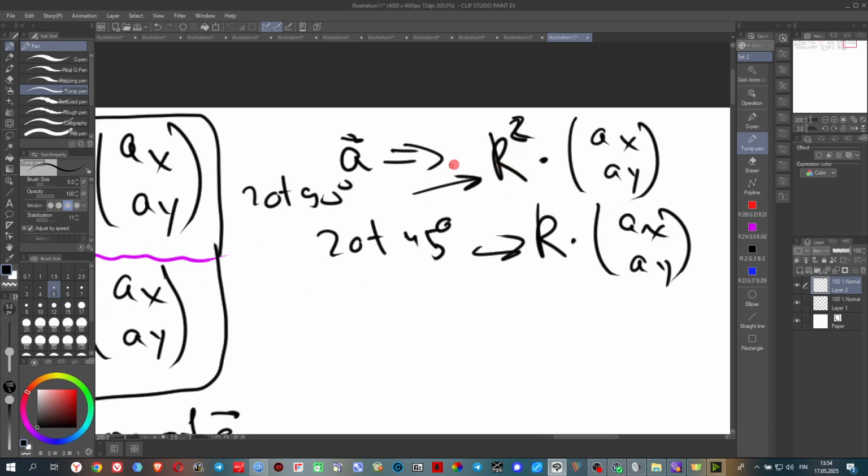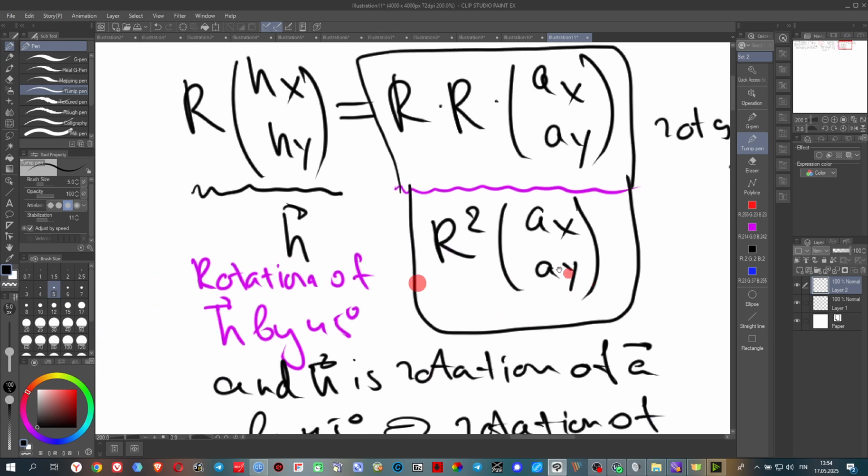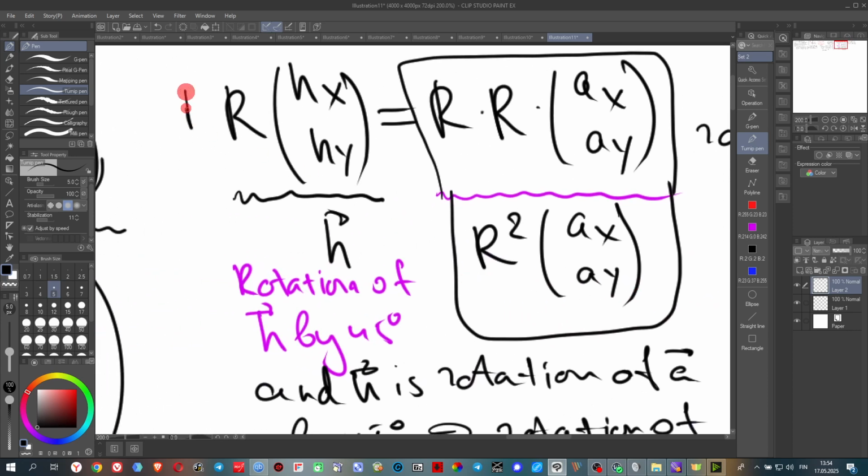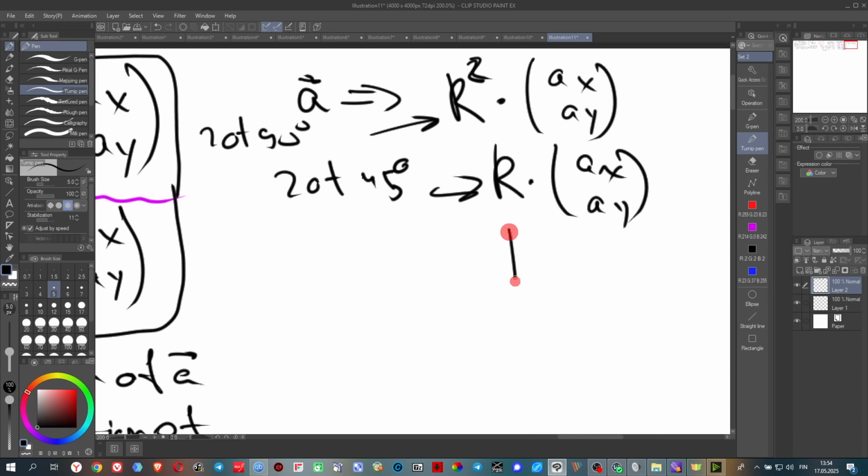In the same way, we can multiply it by r. We would take this equality and multiply it by r here and by r here, and in a similar manner we would get that r cube is actually a rotation by 45 degrees times 3. So r cube is a rotation by 135 degrees with respect to origin, and so on and so on.